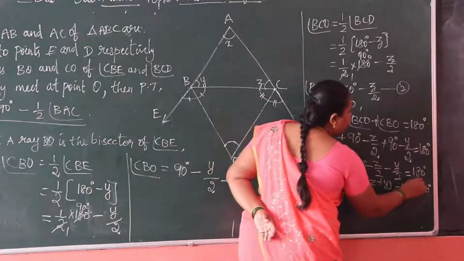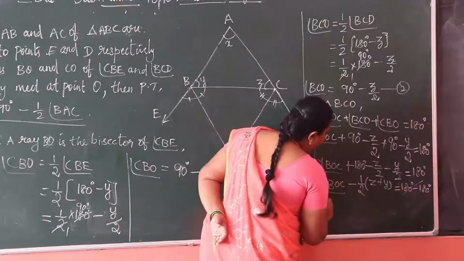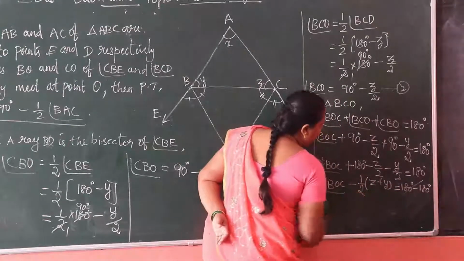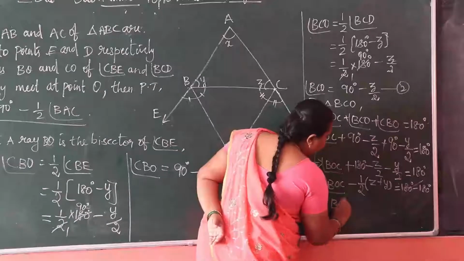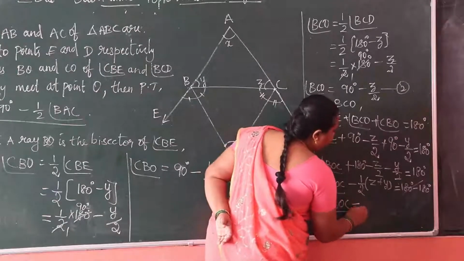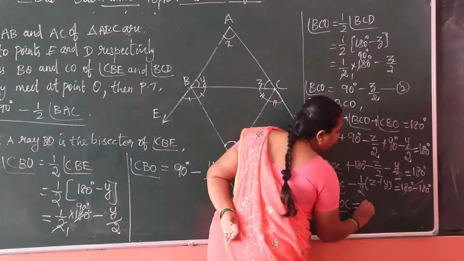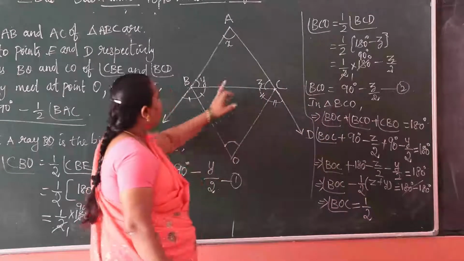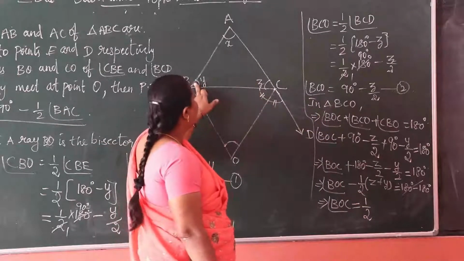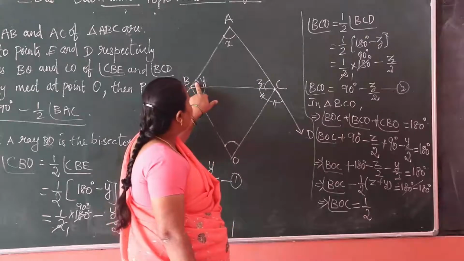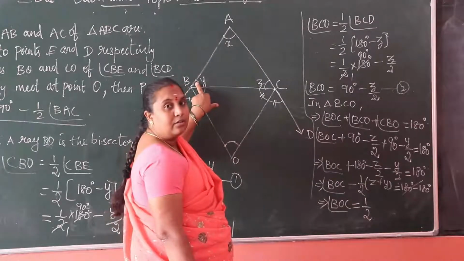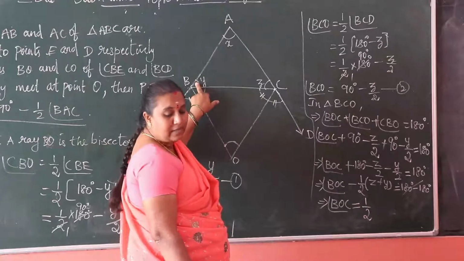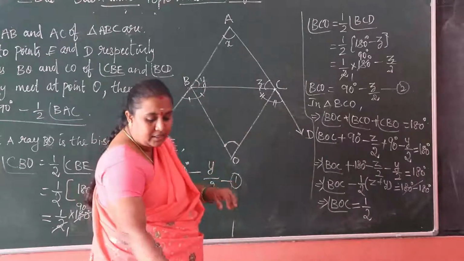Now 180 minus 180 cancels to 0, and we transpose this to the RHS. So angle BOC equals, this minus comes to this side as plus, 1 by 2 into angle Z plus Y.